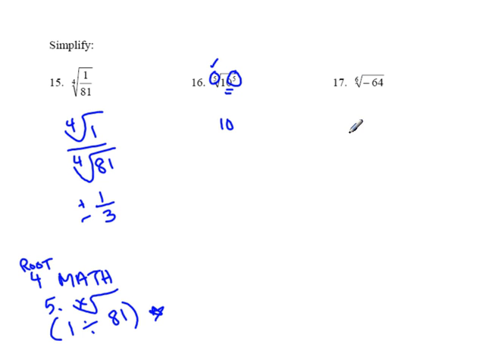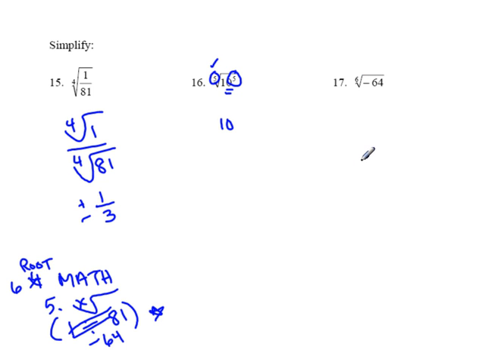6th root. You can put this in your calculator. How you would change this is that the root would now be 6, Math, option number 5. You're going to put the number negative 64 in, make sure you put parentheses there, then hit enter. The other thing is you're asking yourself, what do you multiply by itself 6 times to get negative 64?